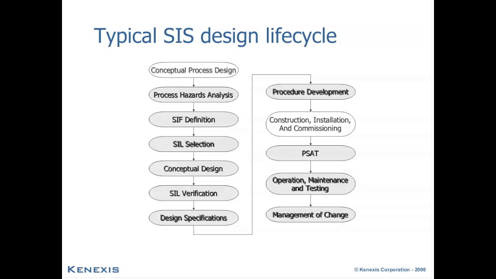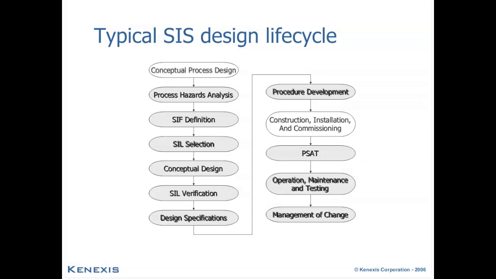We've taken the liberty of recasting it a bit. In a typical design project where we're designing new equipment in a process plant, it fits better if we describe it more in this fashion, where we're going through each of the steps from analyzing the hazards, defining safety functions or SIFs in the system, going through a process of selecting SILs, or safety integrity levels, for each of those systems, then going through a conceptual design step and verifying that we've achieved the SIL targets in that conceptual design.